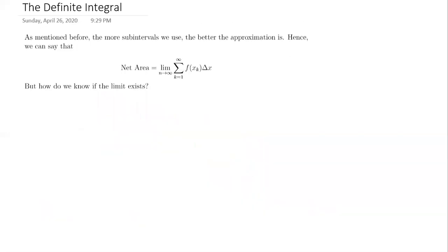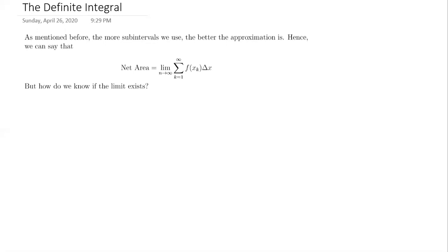Now, we want to get our approximations to be as accurate as possible. As we saw in the first couple of videos in section 5.1, we did a couple of examples where we approximated area using 2, 4, and 8 subintervals.